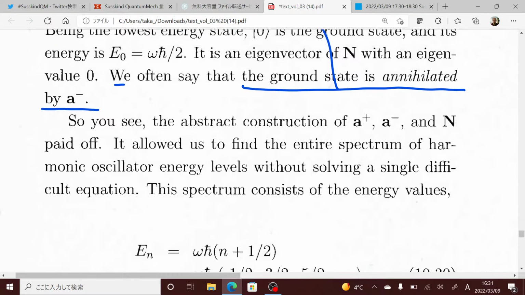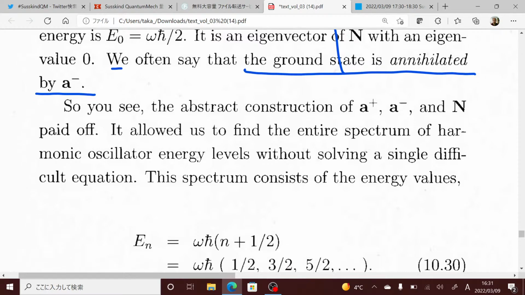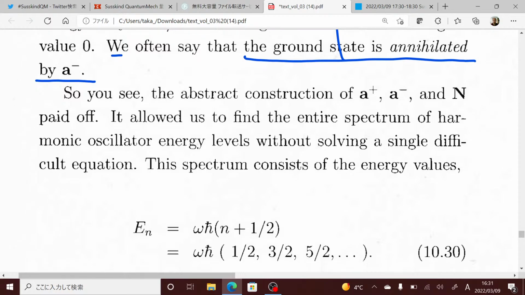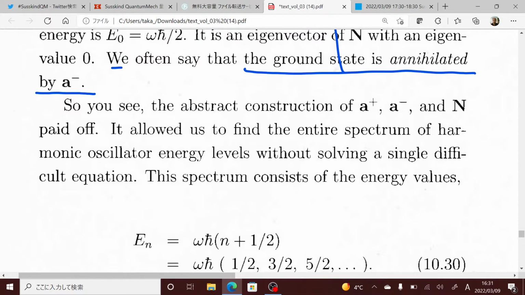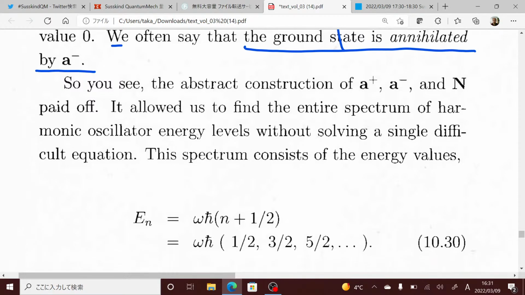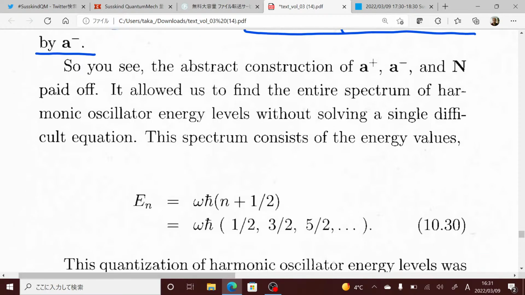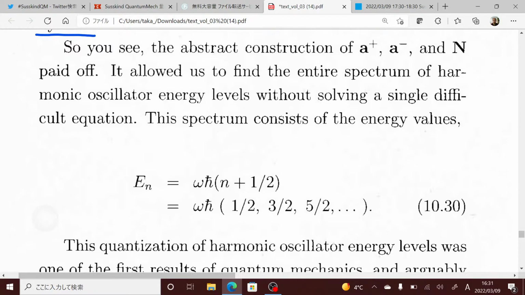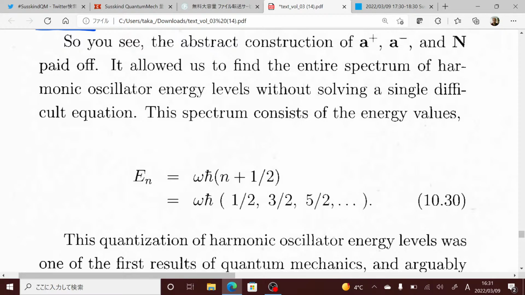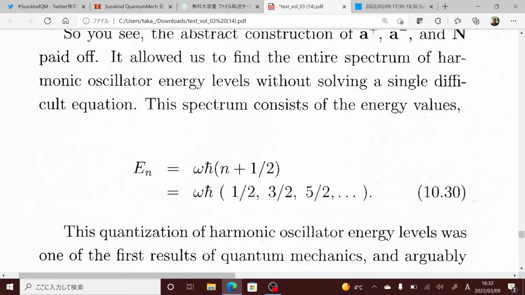So you see, the abstract construction of A plus, A minus, and N paid off. It allowed us to find the entire spectrum of harmonic oscillator energy levels without solving a single difficult equation.